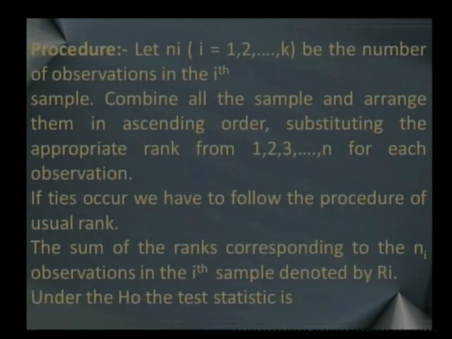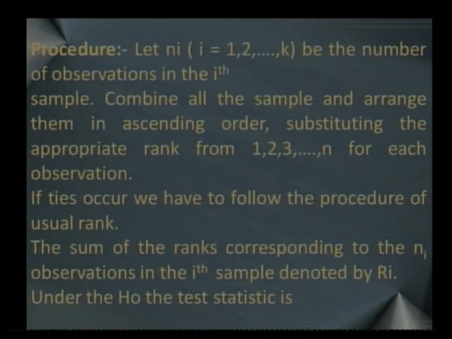So what is the procedure? Let Ni, for i equal to 1 to k, be the number of observations in the ith sample. Combine all the samples and arrange in ascending order, substituting the appropriate rank from 1 to n for each observation. If a tie occurs, follow the usual procedure for ranks. The sum of the ranks corresponding to the Ni observations in the ith sample is denoted by Ri.